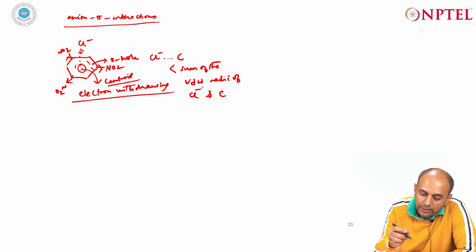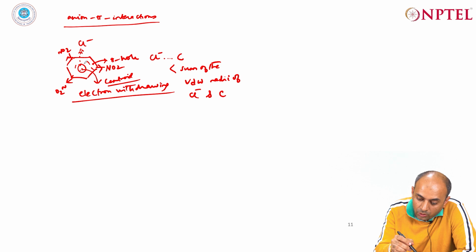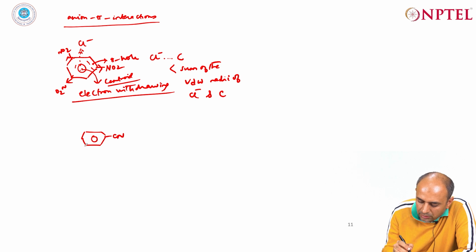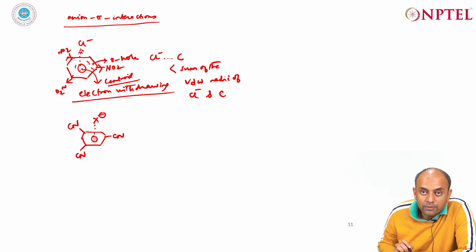That tells you that there is an electrostatic attraction, and there is also the role of dispersion, because benzene has got a circulating pi electron density. Obviously in this case it is reduced, so there is a role of dispersion as well as electrostatics which govern anion pi recognition. You can also consider cyanobenzenes, tricyanobenzenes, and you can have X minus positioned.